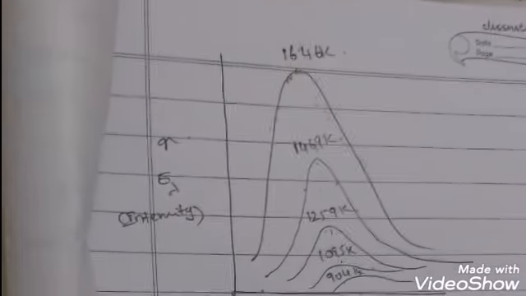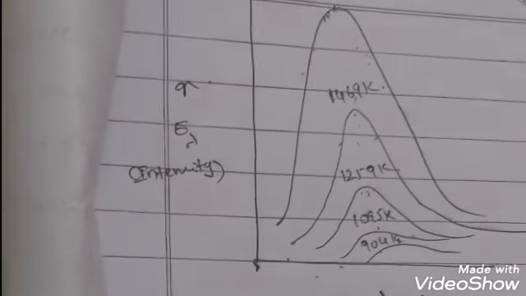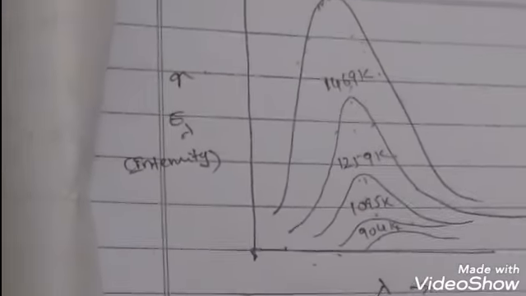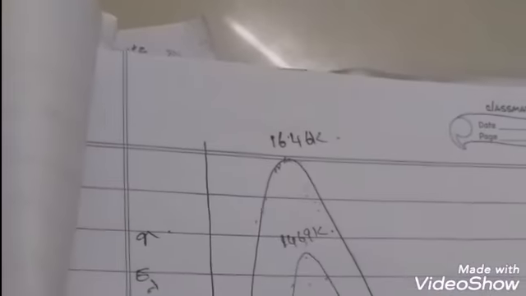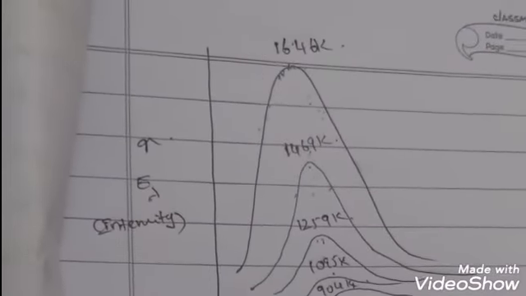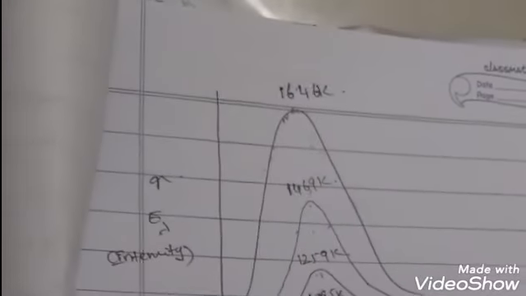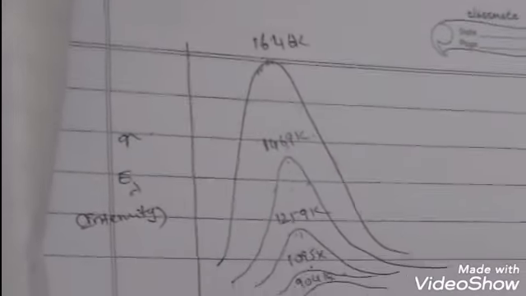The wavelength corresponding to maximum energy, represented by the peak of the curve, shifts towards the shorter wavelengths as the temperature increases. Okay, so these are the important experimental results for energy distribution in a black body.